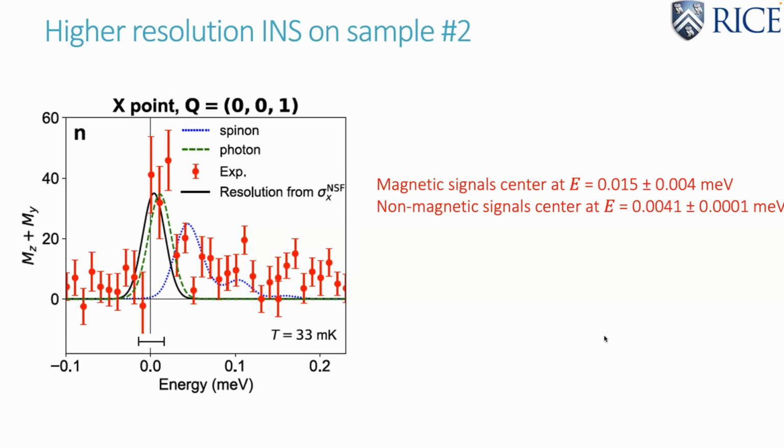Then we used a higher resolution to show that the magnetic signal is actually shifted away from the elastic line. So there's a clear shift compared with the non-magnetic signal.